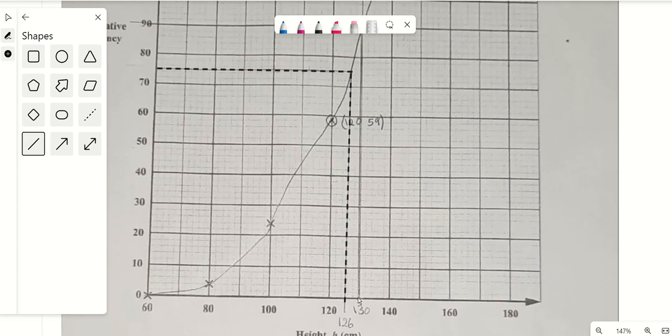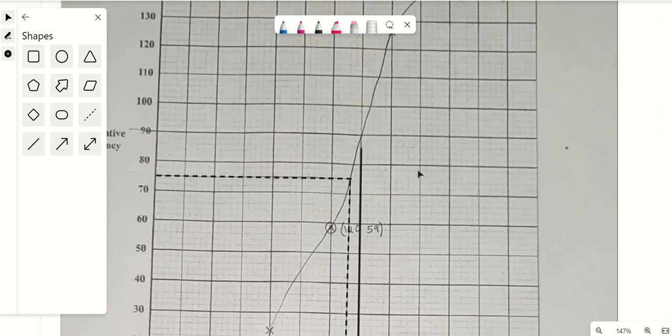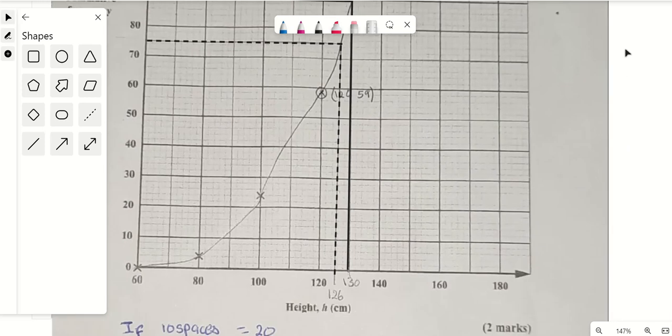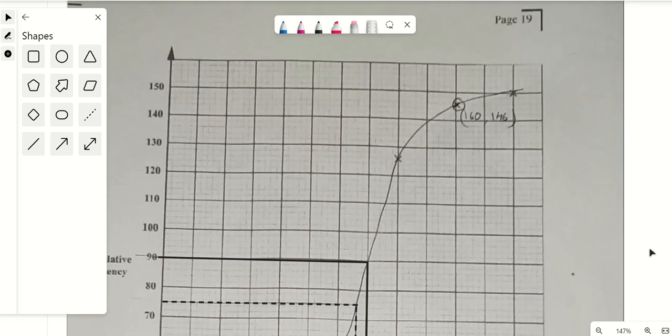When x was 130, that's here, we're going to go straight up until we meet the curve that we drew. Let's just make this a little bit taller, and then we're going to go across on our y-axis. We see that the cumulative frequency when our height was 130 is 90.